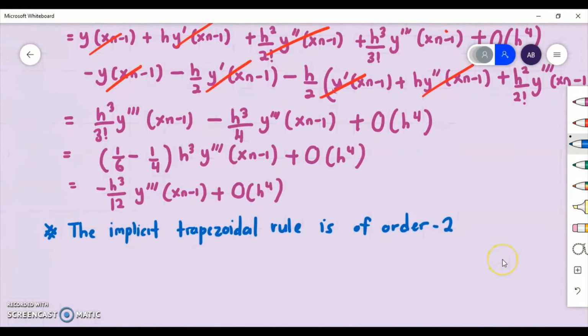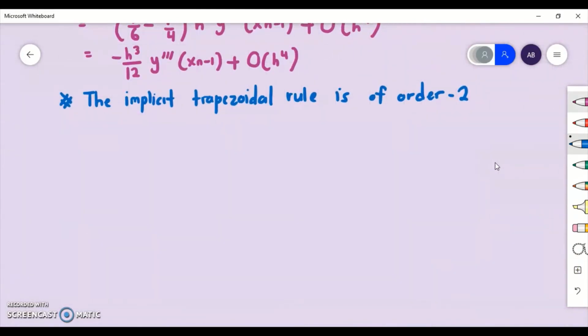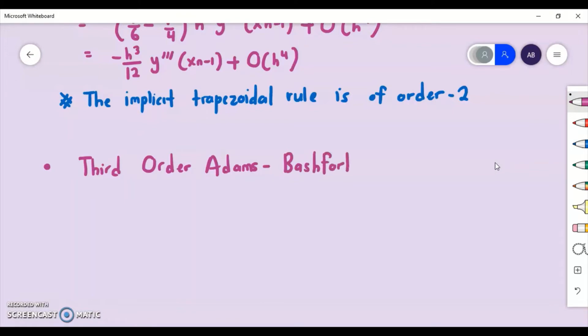Okay, one more example on a linear multistep method: the third order Adams-Bashforth method. So how can I show that this is a third order Adams-Bashforth method?